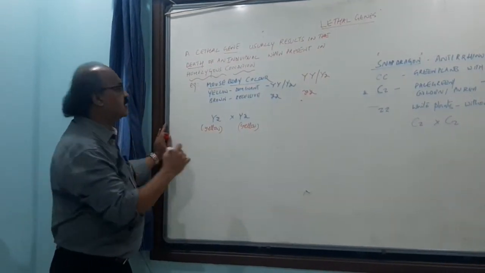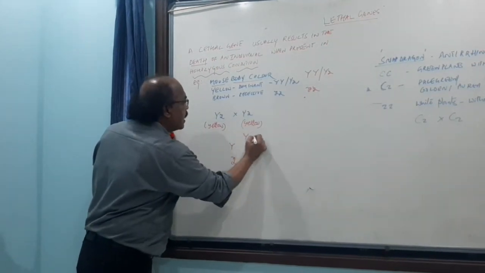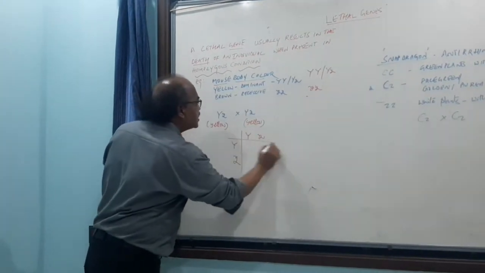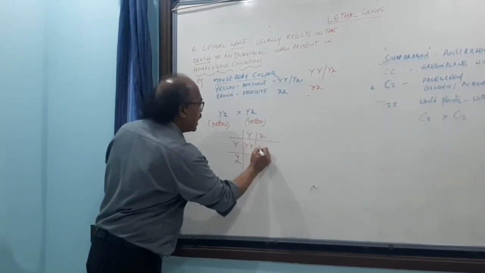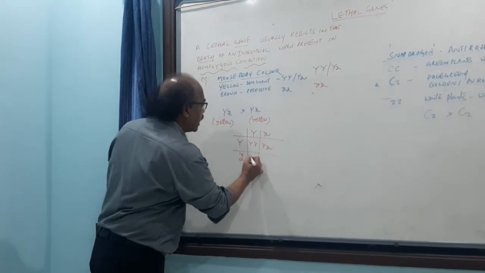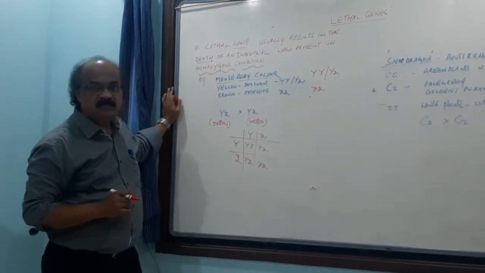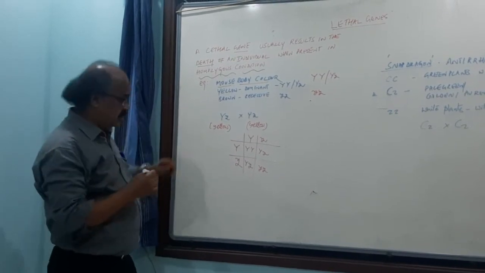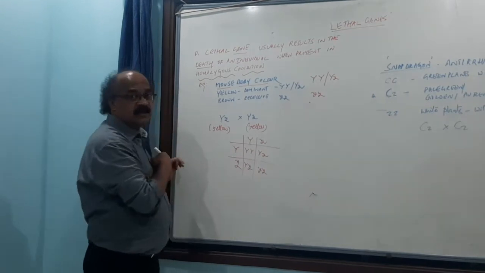If you make a cross, capital Y and small y are the gametes from both parents, giving capital Y capital Y, capital Y small y, capital Y small y, small y small y. Here this is homozygous, this is also homozygous.